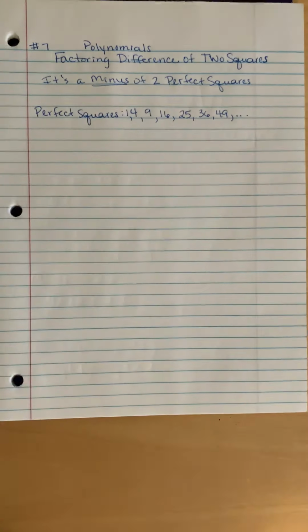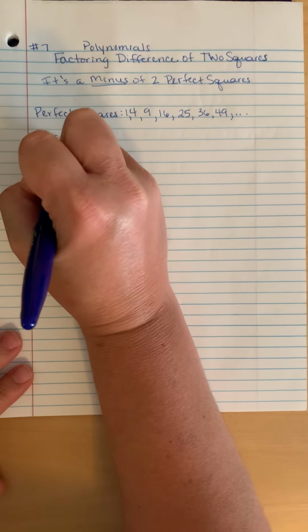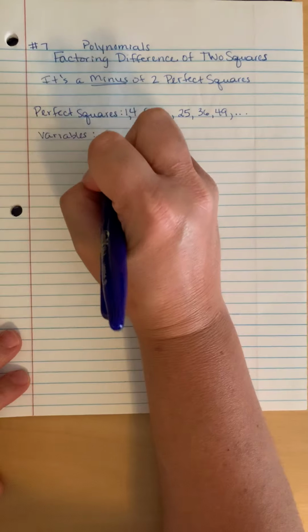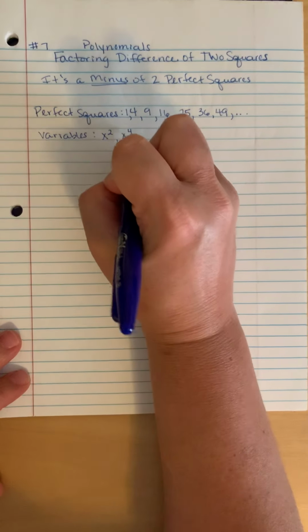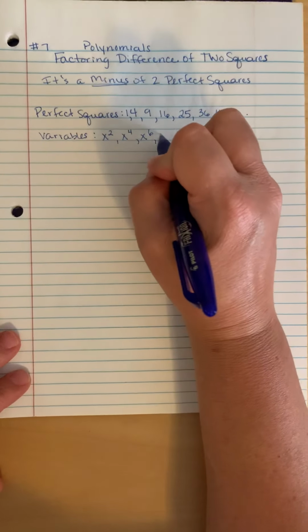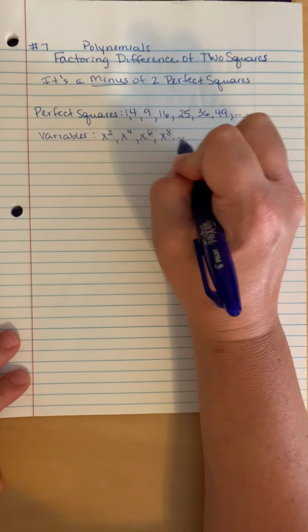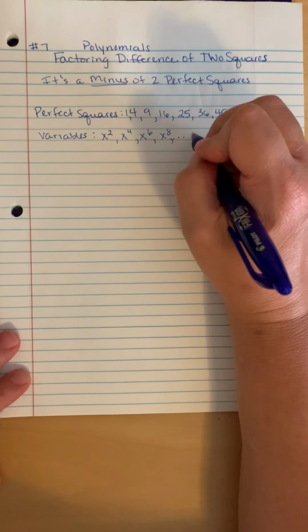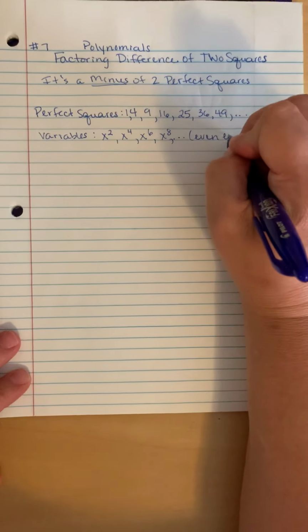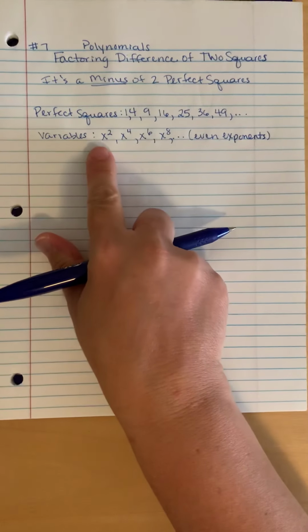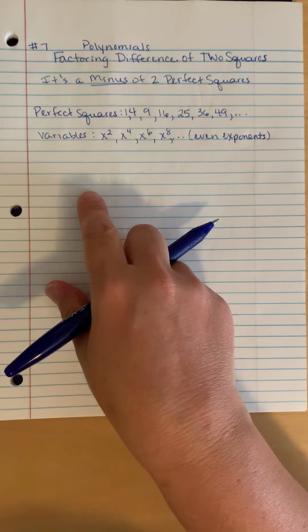All right, now with your variables, you are looking for variables that are x squared, x to the 4th, x to the 6th, and x to the 8th, and so on. You're looking for even exponents, because those are multiples of 2, because I can take x squared and break it apart and do x times x.